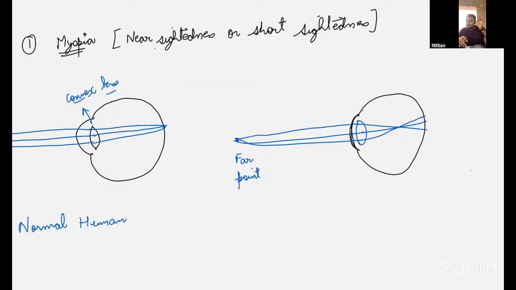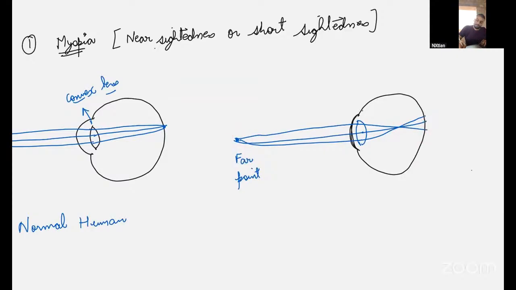If it is on the retina, we can see the object clearly. But because it is in front of the retina, the image becomes blurred. Are you with me? Why is the image blurred? Because the far object image is not on the retina, but before the retina. This is what the myopic eye looks like.